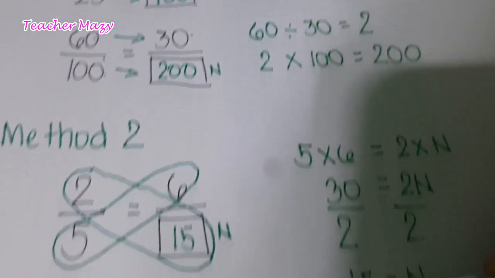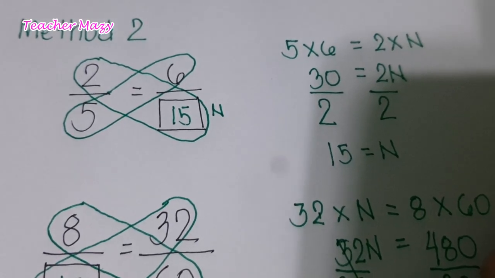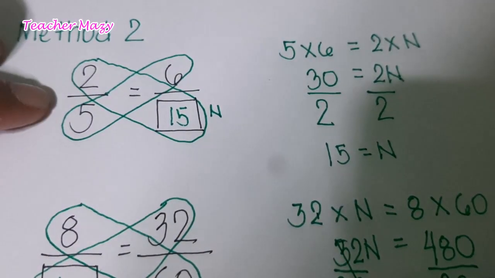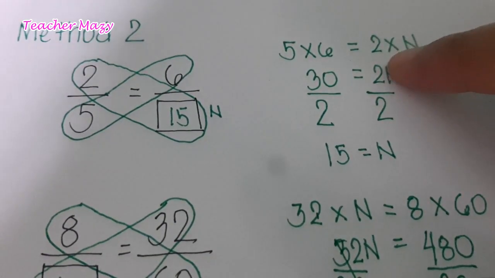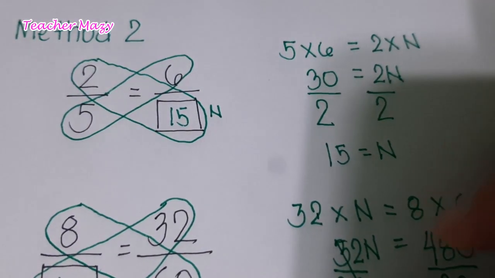And for method 2, which is usually written in your textbooks, you cross multiply the means and the extremes, and then divide by the number beside the missing term, and there you go.